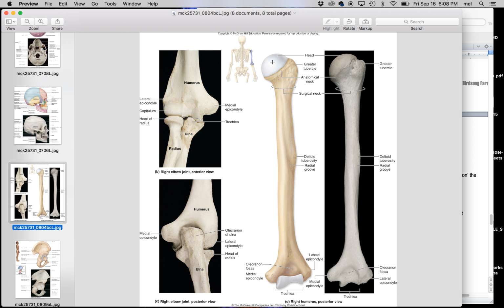So then the other thing you need is an anterior or a posterior landmark. You don't need both. But for instance, with the humerus, a phenomenal posterior landmark is the olecranon fossa. So it's always posterior. The reason you do this is because it helps you to side the bone.